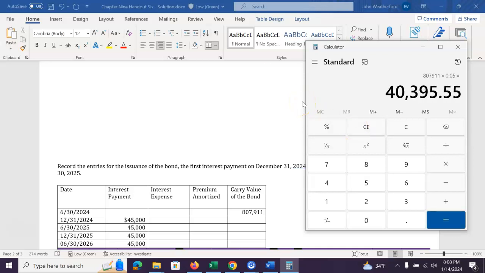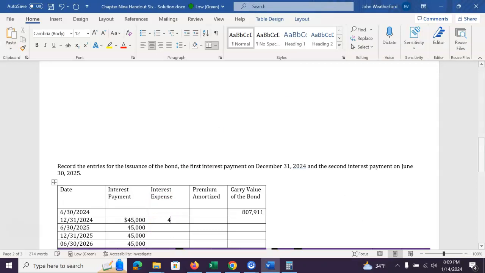So our interest expense is $40,396, we'll say. All right, the difference in those two will be the amount of premium amortized this period, and that's going to be $4,604.